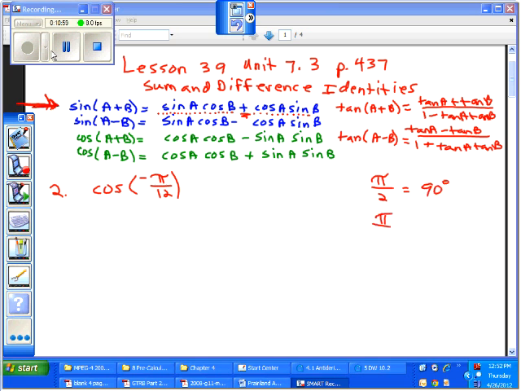And we know that pi over 3 goes with 60 degrees. And we know that pi over 4 goes with 45 degrees. And we know that pi over 6 goes with 30 degrees.